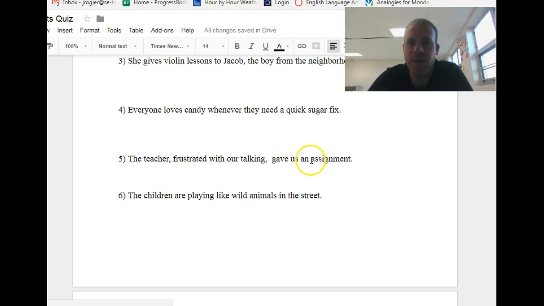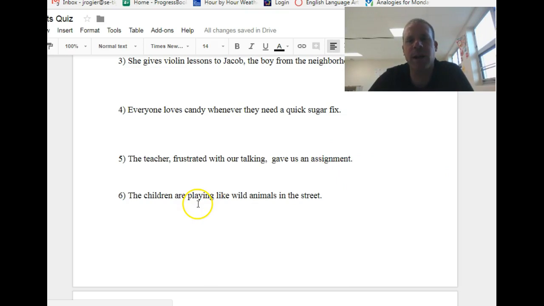What did the teacher give? Assignment is the direct object, and then us is the indirect object. Okay, assignment, direct object, us, indirect object. I should mention too, you need to correct these sentences also, and then write your new sentence. So you can't just leave, say you just had us as a direct object in that sentence. You have to change it to an indirect object and make assignment direct object, then give us a new sentence.